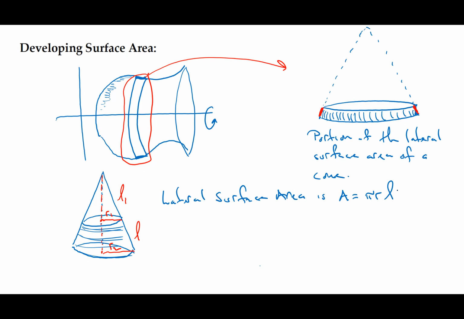Now, this frustum, as it's called, of a cone, we want to now try to find the surface area of, okay? And so what we can do is we can look at similar triangles, common technique here.